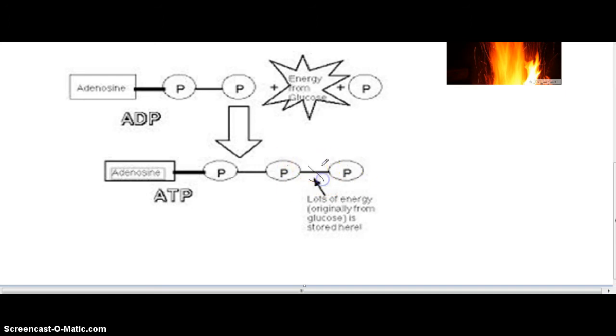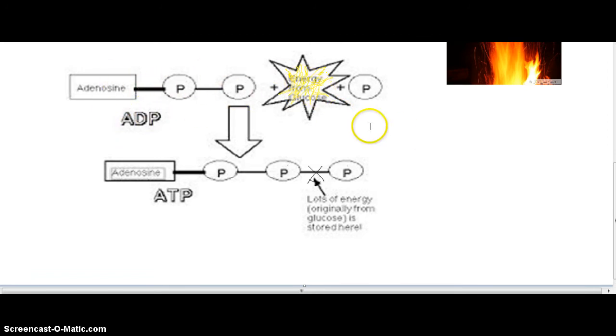When this bond is broken, that energy from glucose is released. And then the cell can use that energy to do its cell things, like making proteins or maybe moving, whatever it's needed for. But once this bond is broken, now you have ADP.